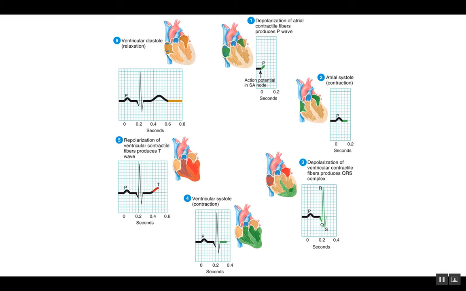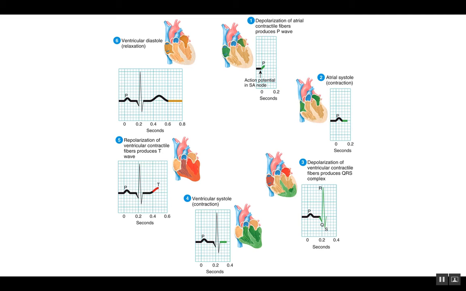Red represents repolarization. Repolarization is when that electrical current goes back to negative inside of the cells. When cells repolarize back to negative, they're going to relax. A couple other words that might be new.